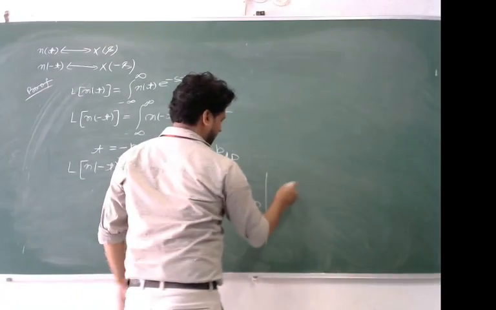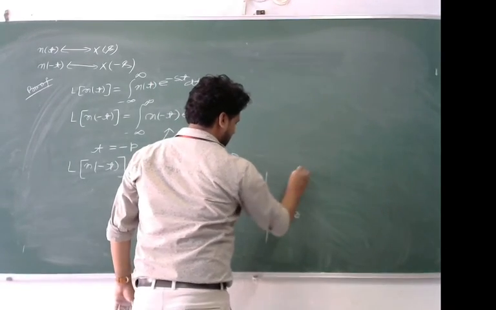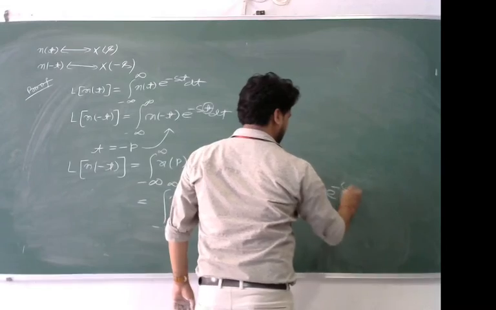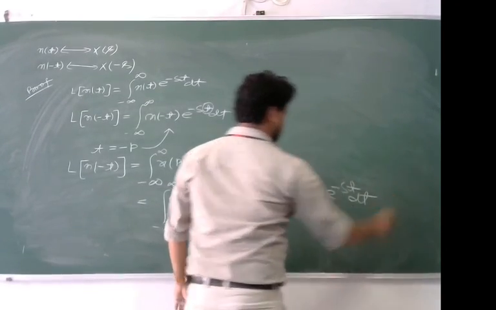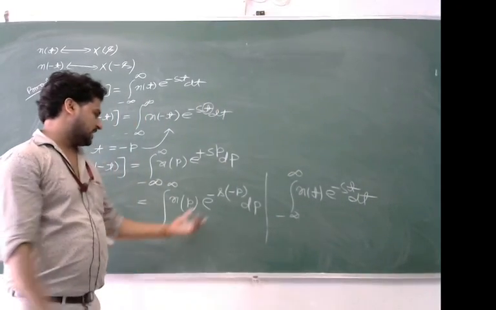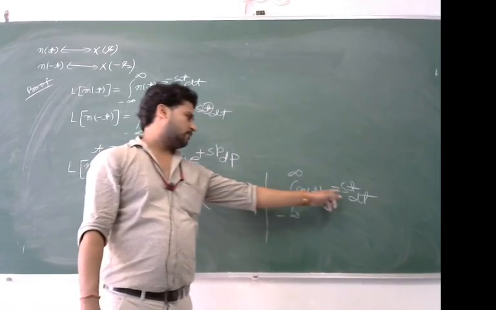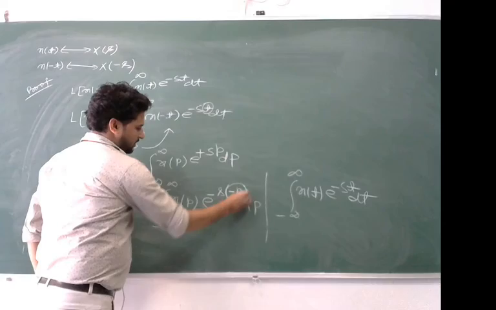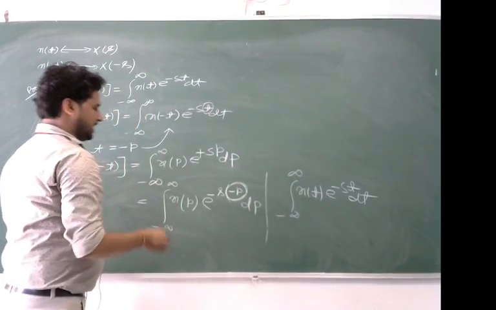In the standard form, the Laplace transform can be written as x of t e power minus st dt. But instead of minus st here, it is minus s into minus p. It means in place of the variable t here it is minus p.